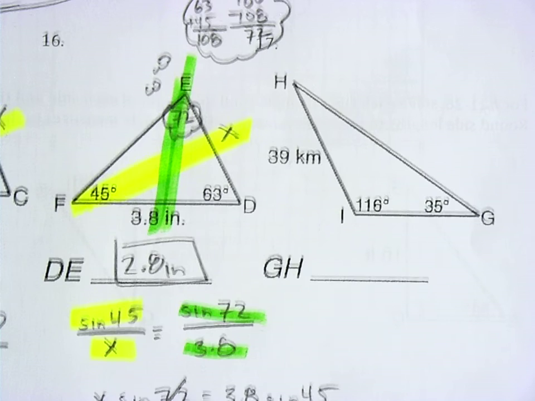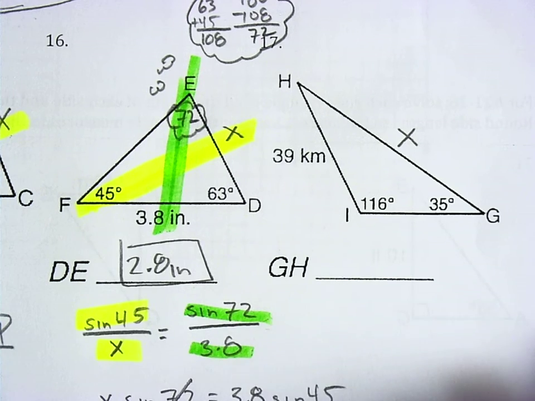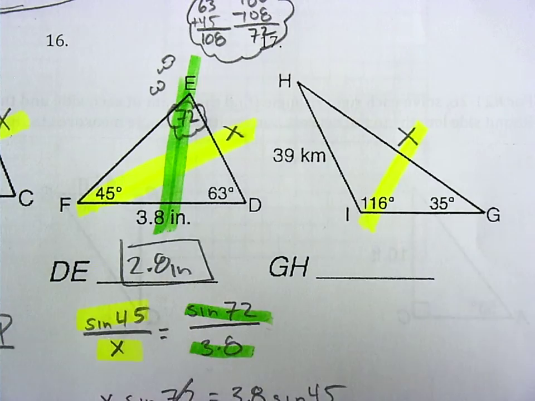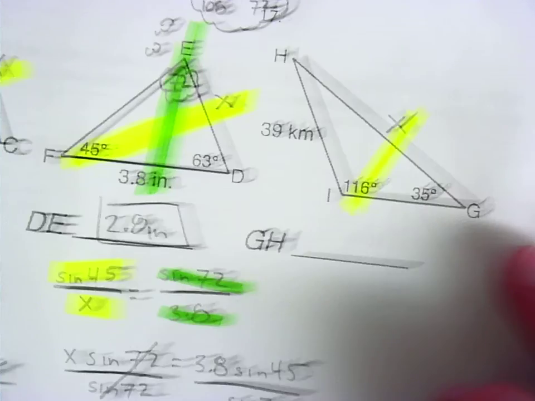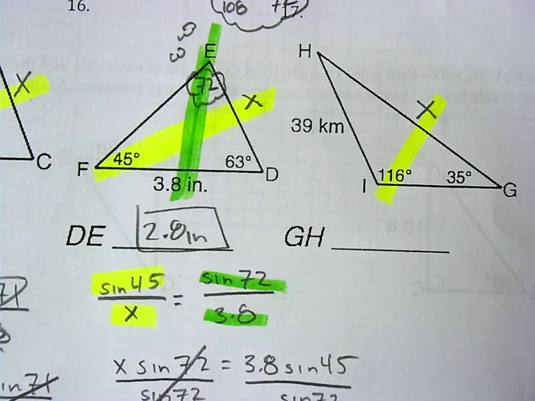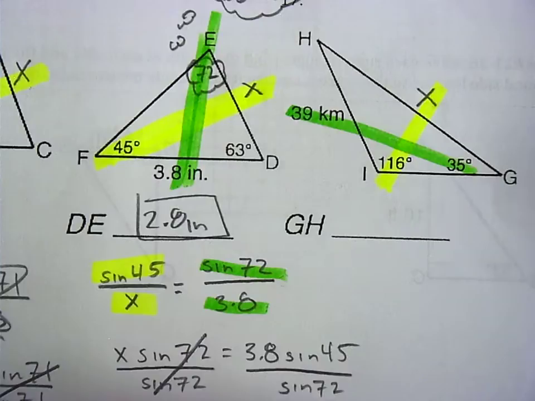So here's 17. They want GH, that's that length over here. Now notice we have this pair of opposites here. And just like the last problem, we have one of those missing angles. Now we could find that angle if we wanted to, but we don't actually need to because we already have this pair of opposites here.